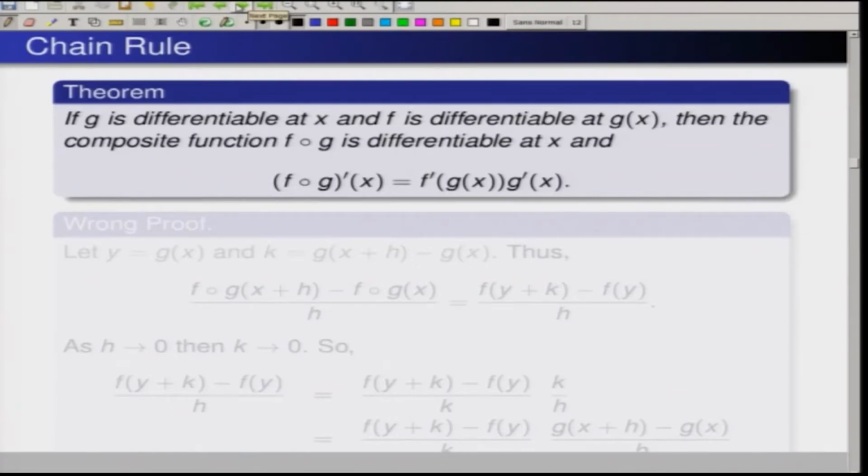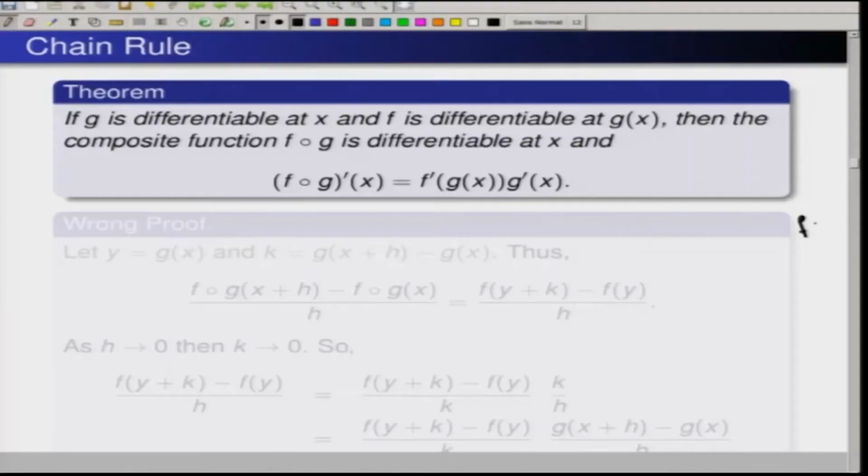Now, what we had earlier seen in terms of continuity is that if f is continuous at g of a and g is continuous at a, then f composed with g is continuous at a.